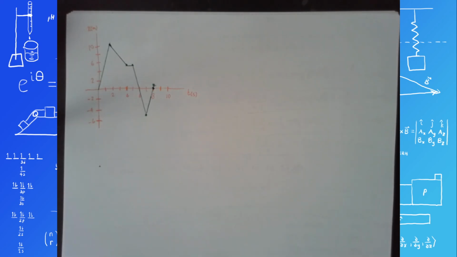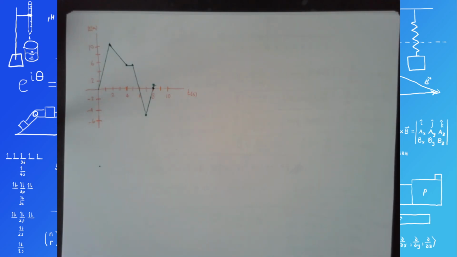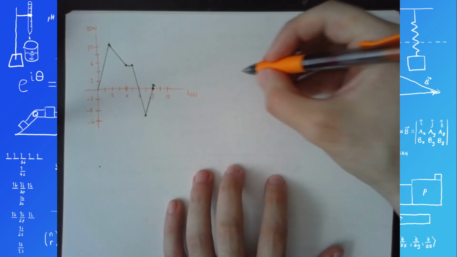Okay, so let's interpret. What are we even looking at? So this is somebody who was moving horizontally. I guess it might help to draw a number line to accompany this.